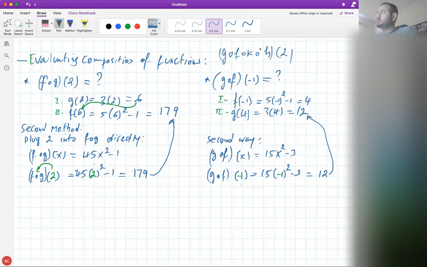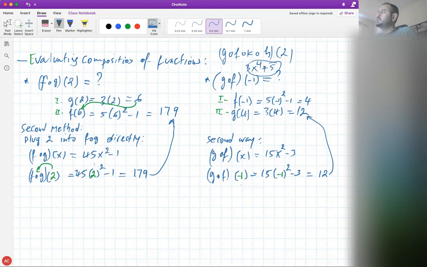But if you have this function, if you find it first, for example, hypothetically speaking, if this happens to be 3x to the 4th plus 5, this composition, after you plug in functions into functions, you got this. So instead of plugging this into this 4 times every time, it would be convenient to plug 2 directly into the composition.